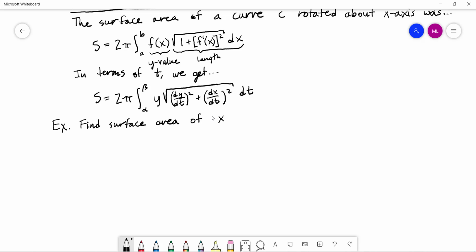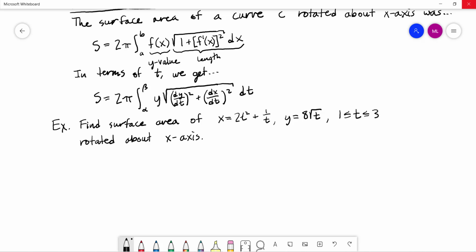So let's say x equals 2t squared plus 1 over t, and y is equal to 8 times the square root of t, with 1 less than or equal to t less than or equal to 3, rotated about the x-axis. So here's my parametric representation of my curve. Here are the values of time I'm interested in, and we're rotating about the x-axis. So this is the formula, which I guess I should put a big box around.